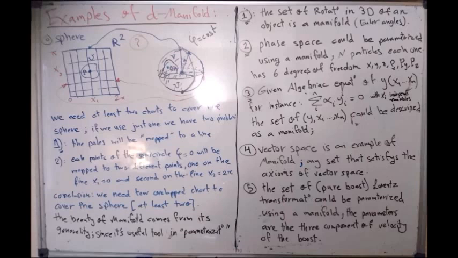Another example of a manifold is the set of rotations in 3D of any object, which could be parameterized by just three parameters, the Euler angles. Also, for example, in statistical mechanics we are familiar with phase space.